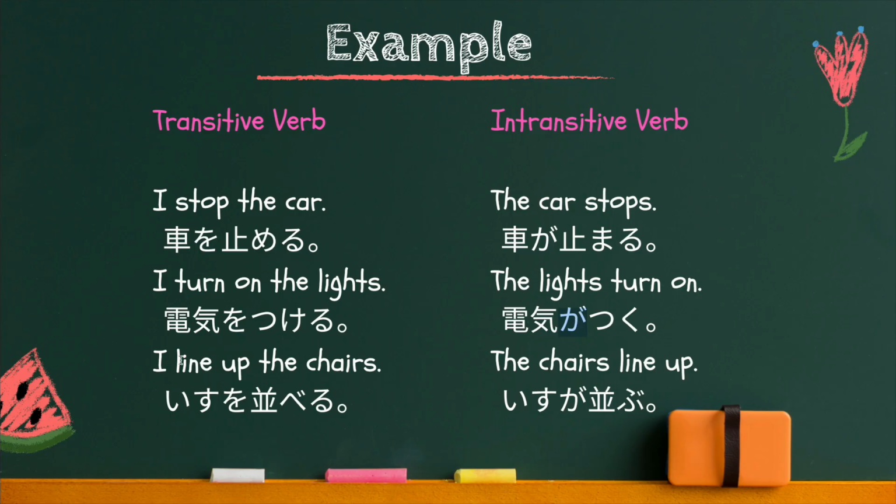Next one. I line up the chairs. 椅子を並べる. The chairs line up. 椅子が並ぶ. So 並べる transitive verb taking O particle. 並ぶ intransitive verb taking ga particle. Next page.